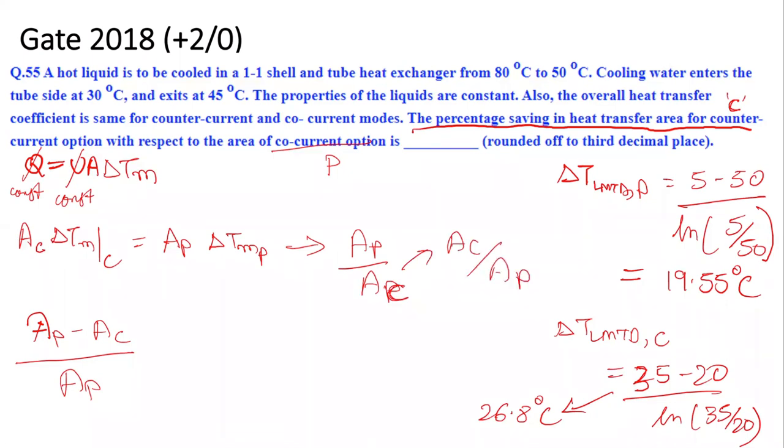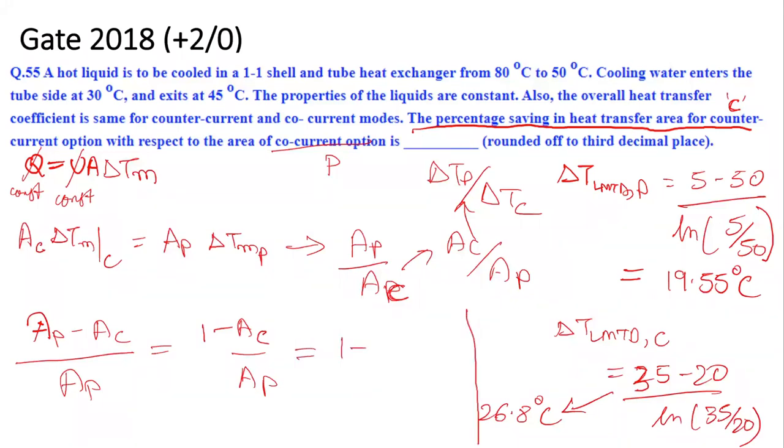I can now write this as 1 minus A C by A P. The ratio of A C by A P will be delta T P over delta T C, which will be equal to 1 minus, delta T P value is 19.55 upon 26.8, which equals, and then you have to multiply this fraction into percentage.